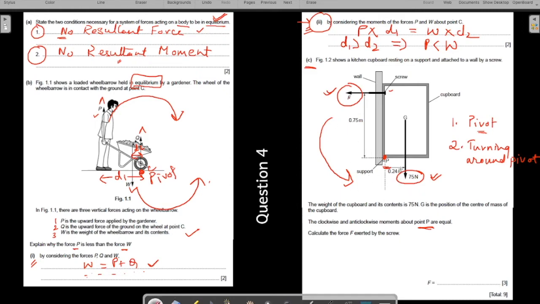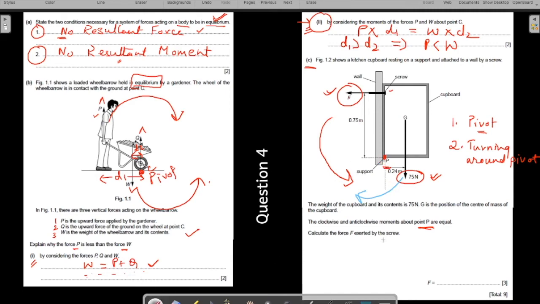Let me use a different color pen. Like this. Again, around the pivot. Pivot has to be inside both the turnings. Force F is turning anti-clockwise, the red arrow is anti-clockwise, and the force 75 newtons is turning clockwise around the pivot. Pivot is inside both the turnings, right? Because P is the pivot. Pivot has to be inside.